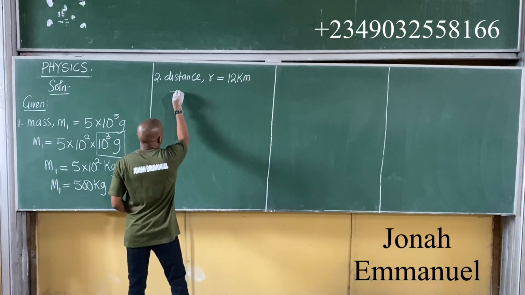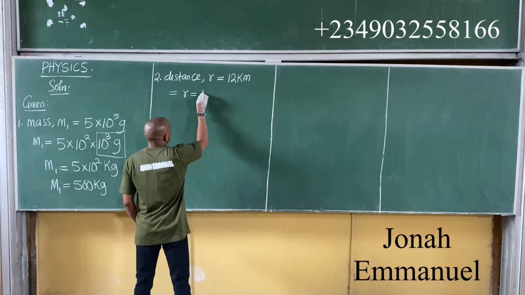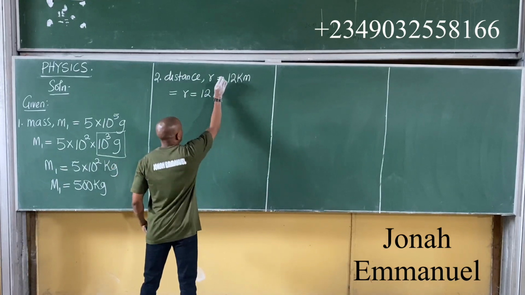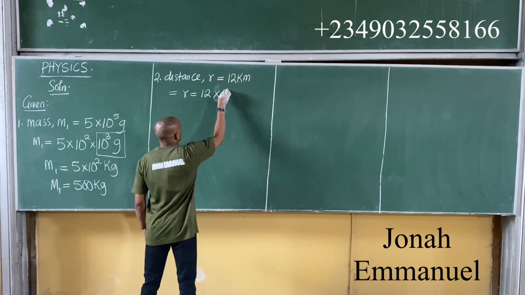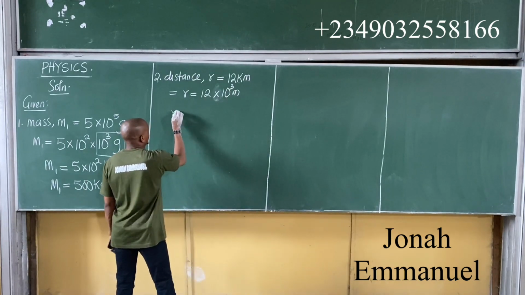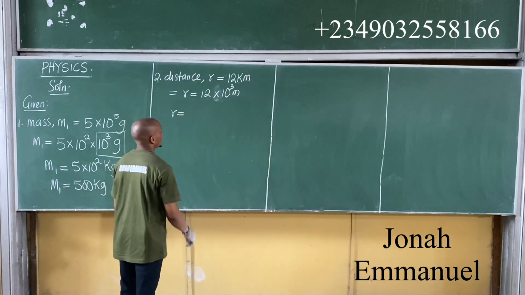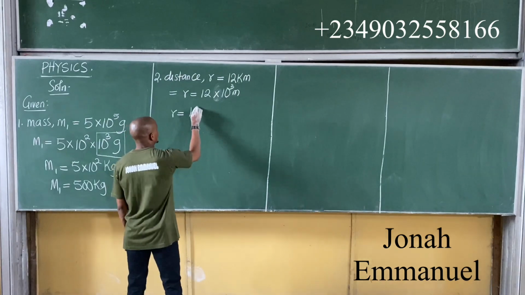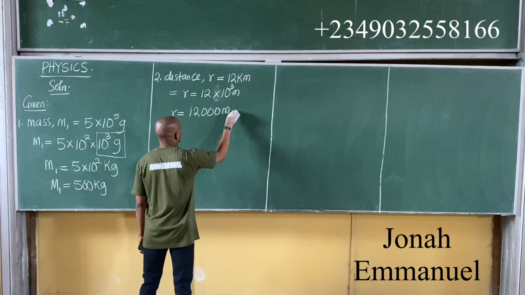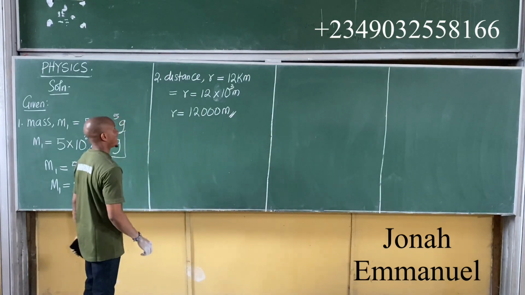Kilometers. Convert this to meters. R is equal to 12 kilo, we said, is 10 to the power 3, times 10 to the power 3 meters. Depends on what to simplify. This gives you 12,123 meters. You have this as your R value.